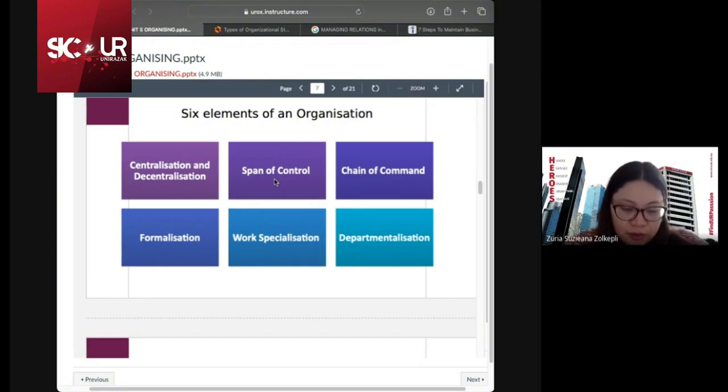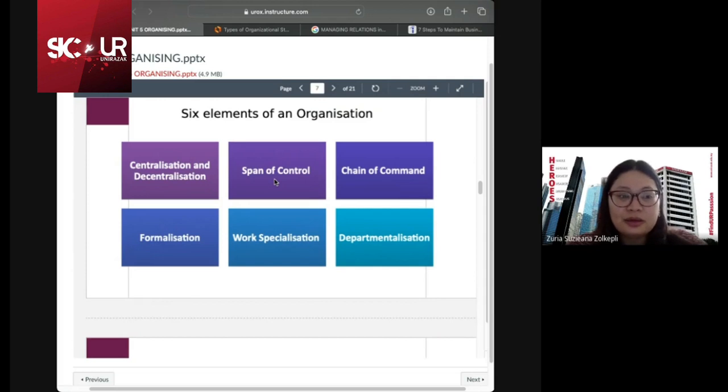So if it's a narrow span of control, this is more costly because you need to hire more managers to supervise. But if it's a wide span, it can be more centralized.